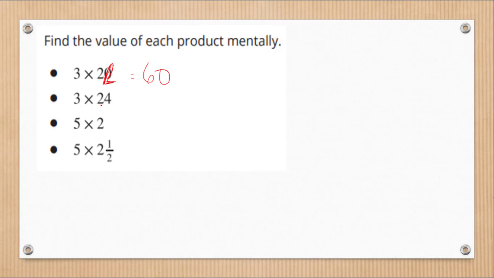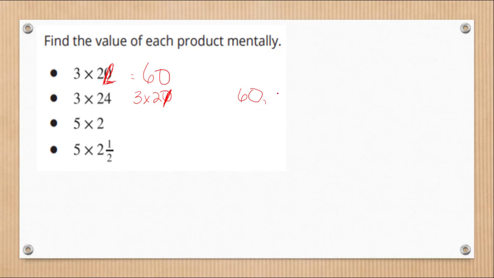3 times 24. So I'm going to think of this as 3 times 20. Just like the first one, take off that 0 on the end, do the 3 times 2. That's going to be 6. And then add the 0 back at the end, so that's 60.